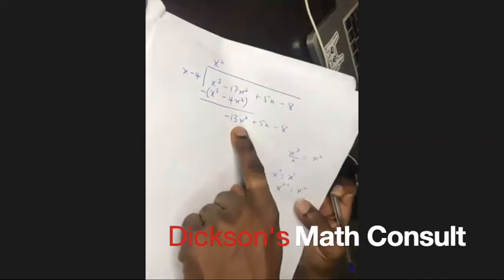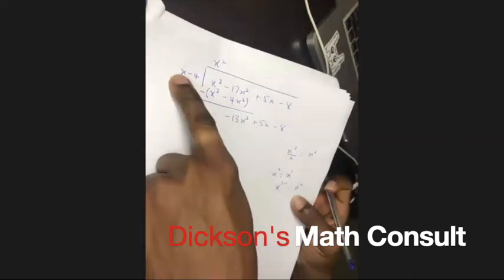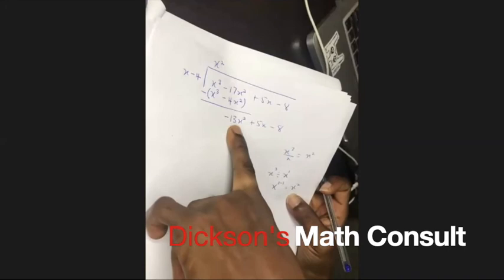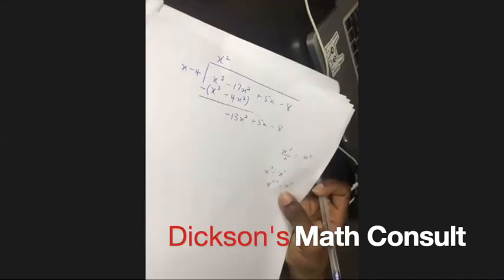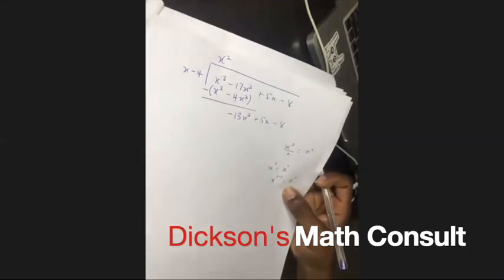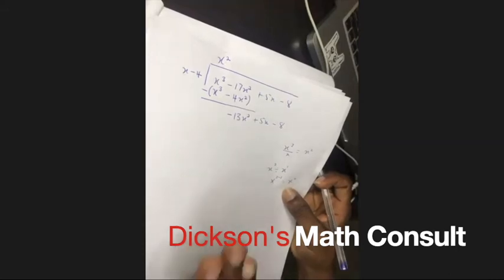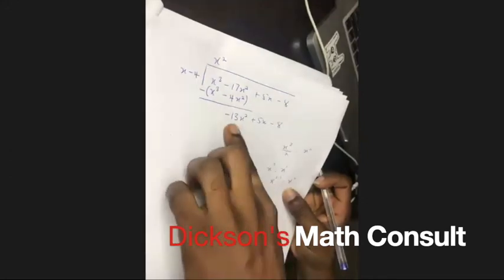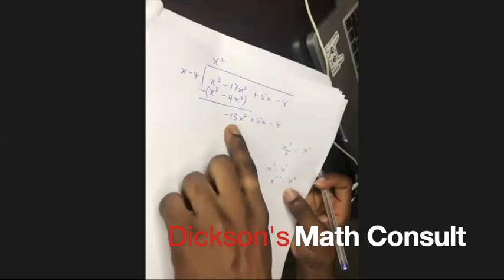So how many times is x going into negative 13x squared? X times. There's a number, negative 13.